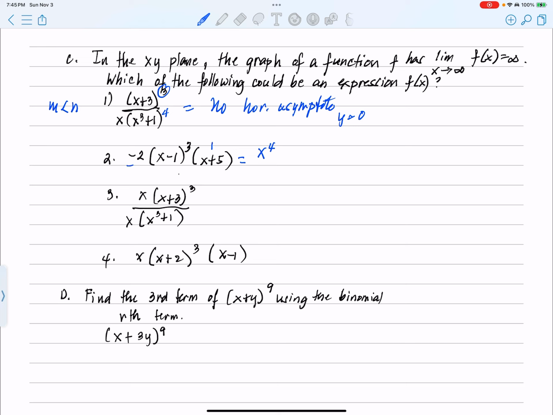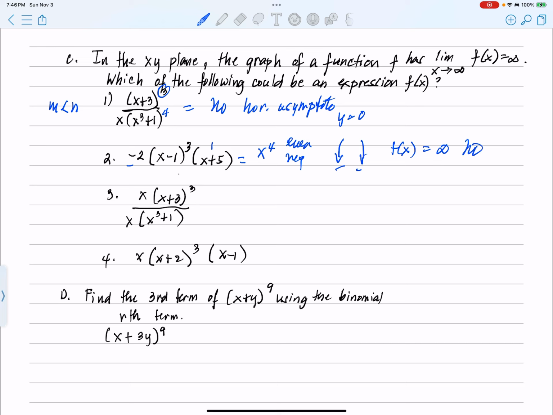So we have an even degree and a negative leading coefficient. So what we have is both arrows facing down. So it never happens that the limit would be equal to positive infinity, because both of them are negative. So this is a no.